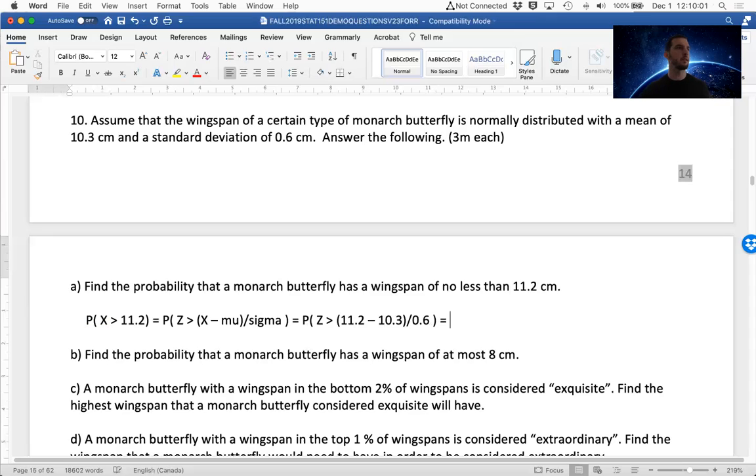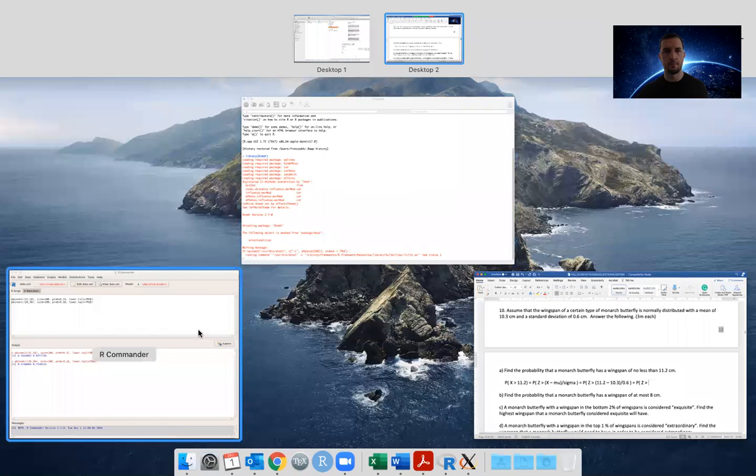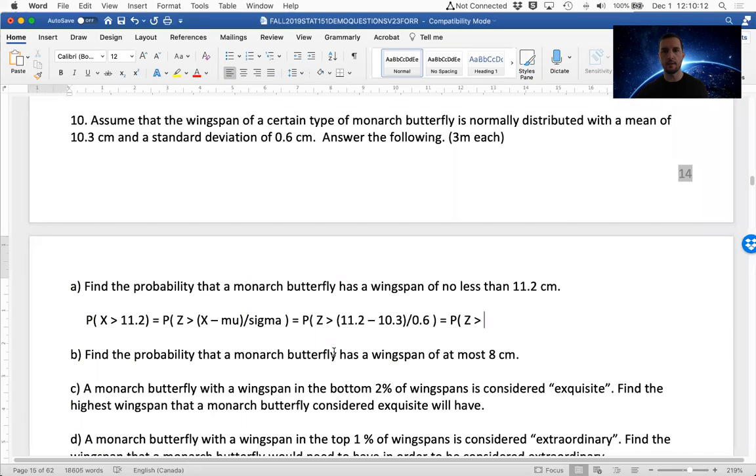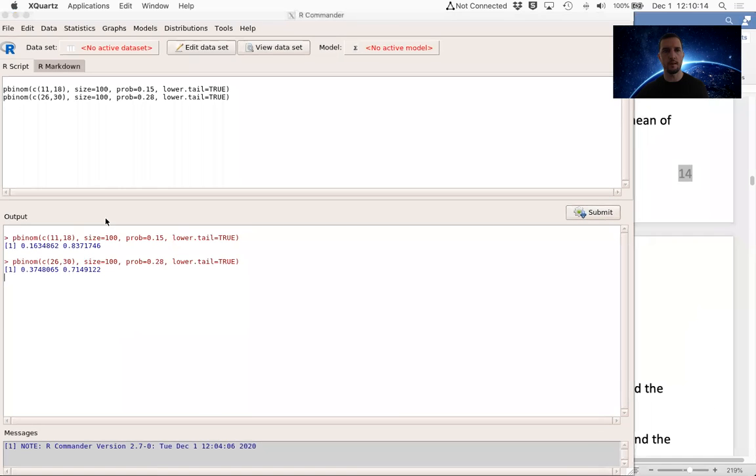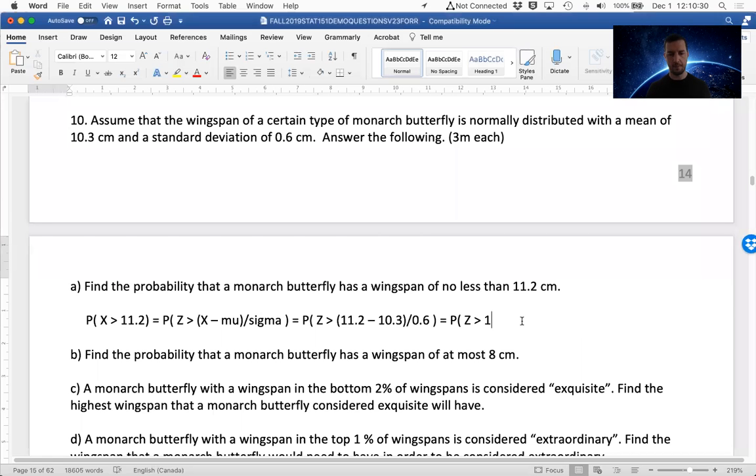I don't actually think we need to take this any further, but just for completion's sake, 11.2 minus 10.3 divided by 0.6 is 1.5.